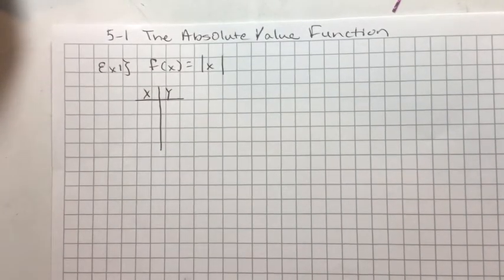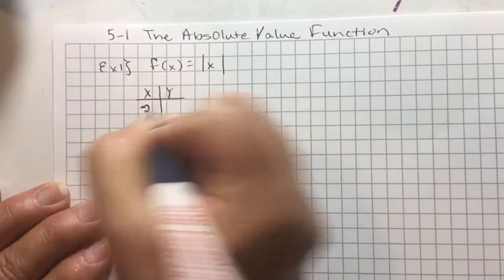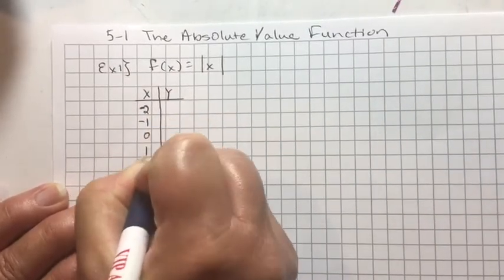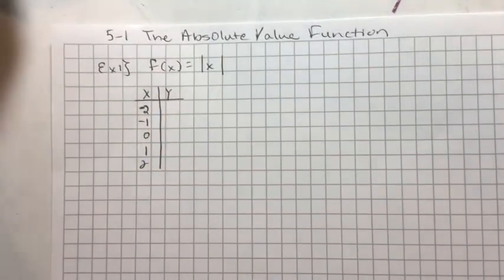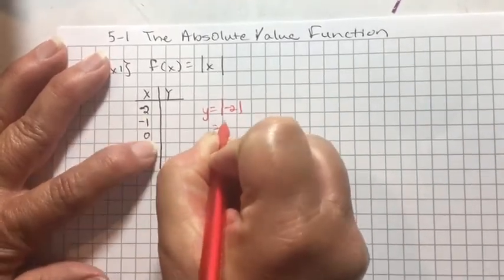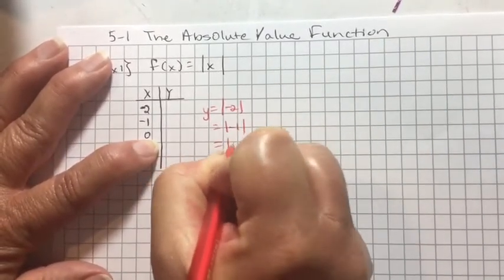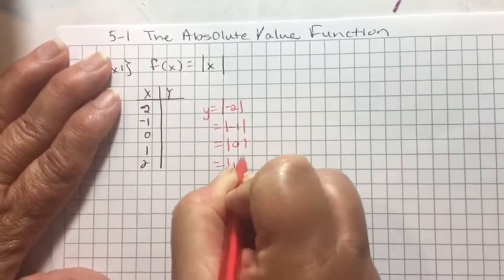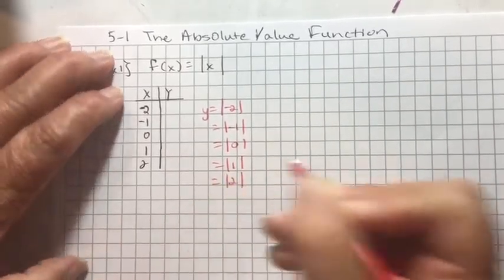So if we pick the points -2, -1, 0, +1, and +2, and just plug them into the equation, we would have y equals the absolute value of -2, the absolute value of -1, 0, +1, and +2.